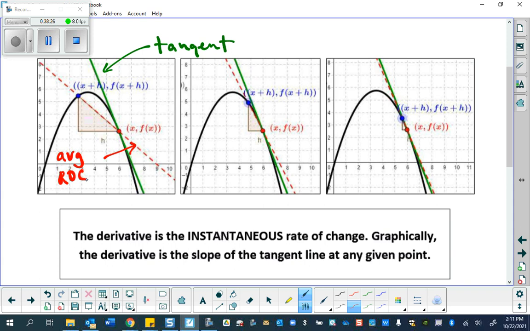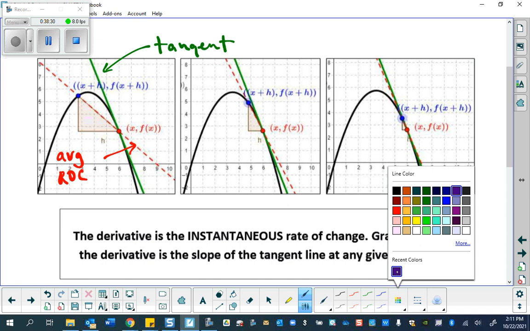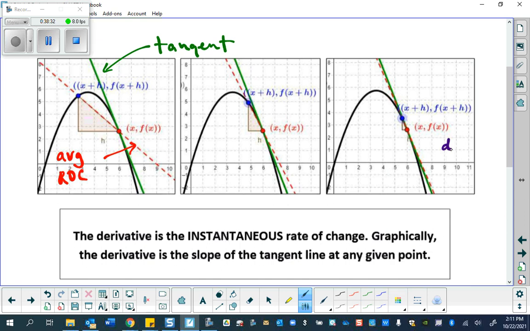That is because my h becomes so very small that I wind up having a dy/dx, which is where I get my instantaneous rate of change when I'm looking at that value there. Derivative is the instantaneous rate of change.